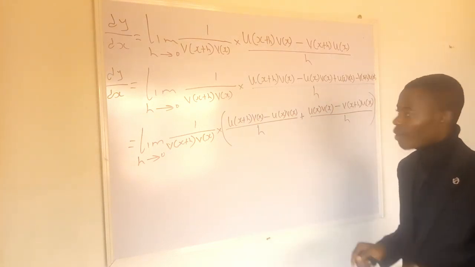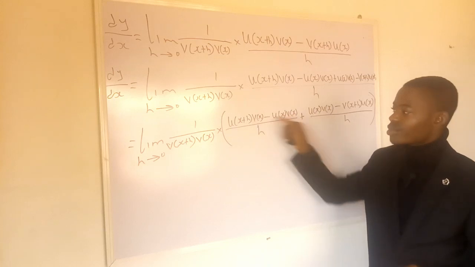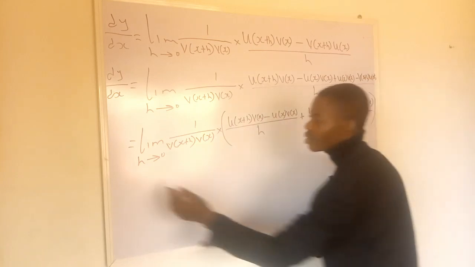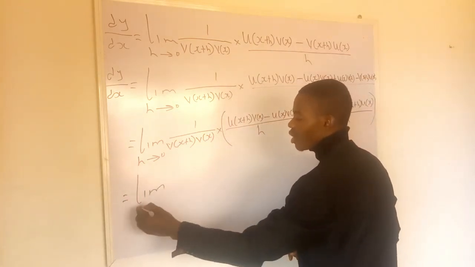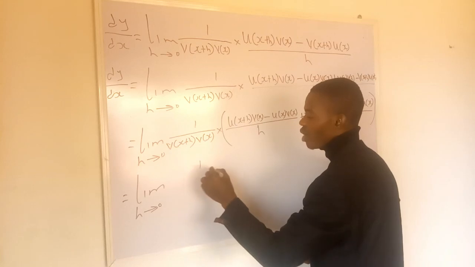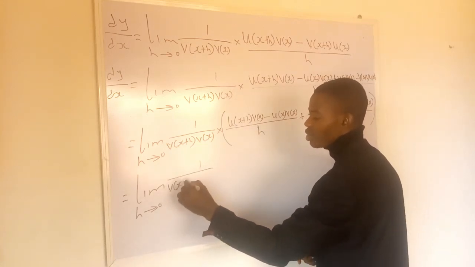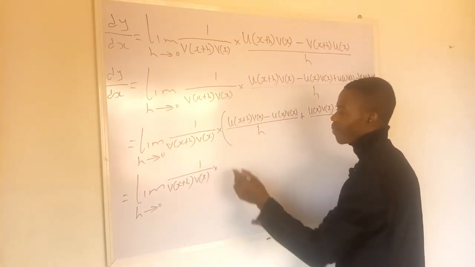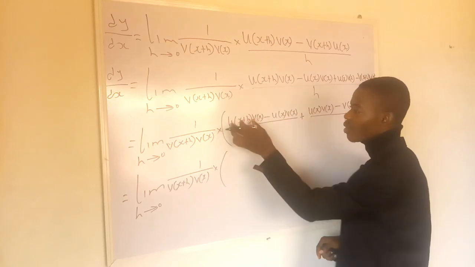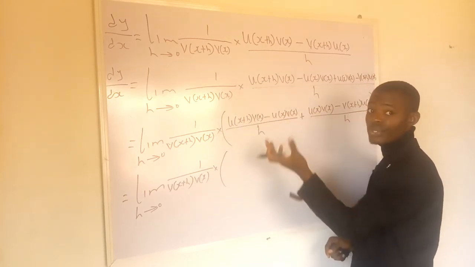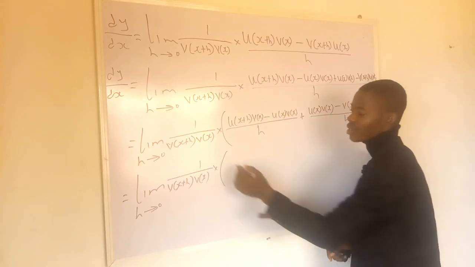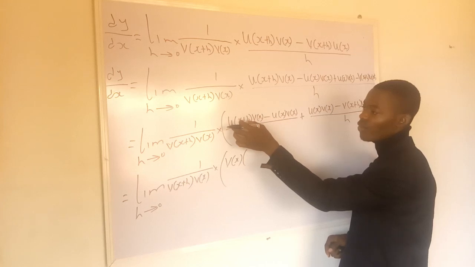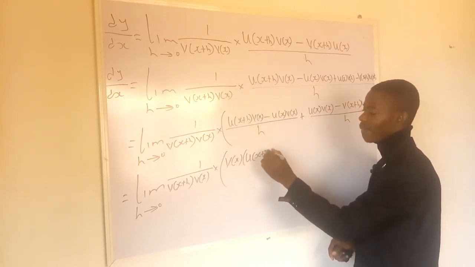Perfect. Now at this point, let's try and factor out common factors between the terms we have right here. Now we have the limit as h approaches 0 of 1 divided by v of x plus h multiplied by v of x. Okay, then multiply by the big bracket. Now another small bracket. What is common right here? That's v of x, okay? Because v of x is here, v of x is here. So I'm taking v of x outside, then a small bracket, then what you have left over here is u of x plus h.